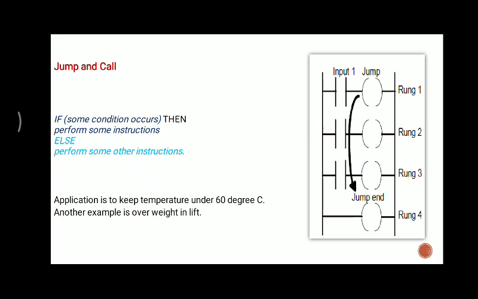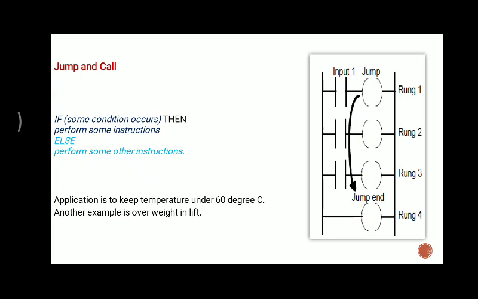This is the jump location in the first rung. Suppose there is input from input 1, the jump is activated. It will check the condition. If the temperature or condition is within that range, then it will go to another rung and perform that operation. It will go to the third rung, perform the operation, and then finally reach here.